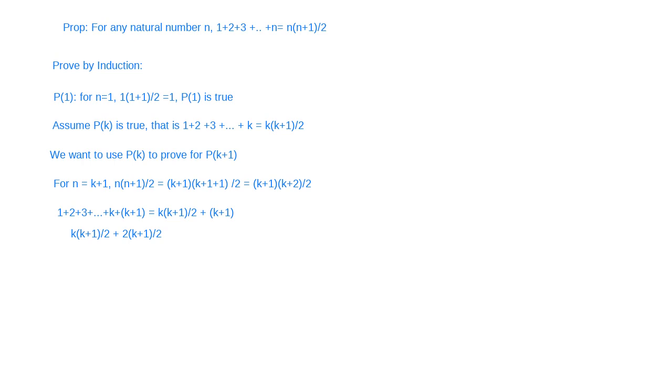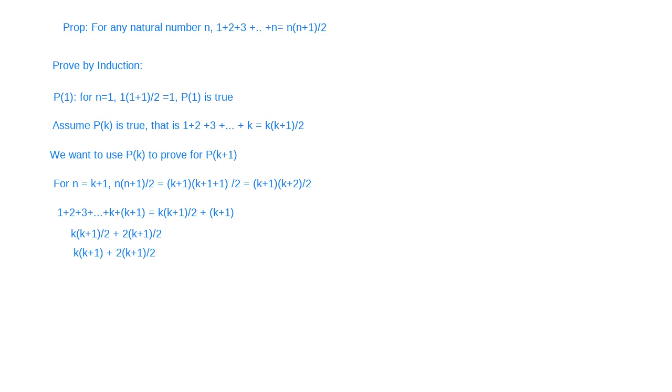Now I can combine them. So this becomes k times k plus 1 plus 2 times k plus 1, divided by 2. Both have a denominator of 2, so I can add up the numerators.